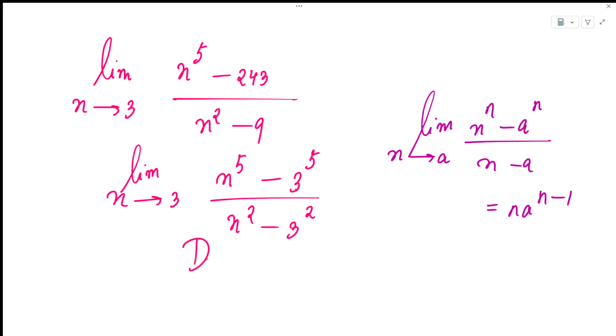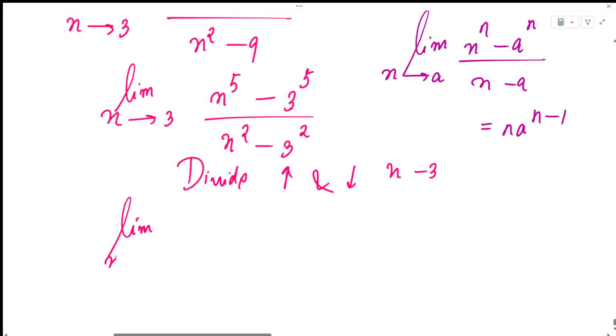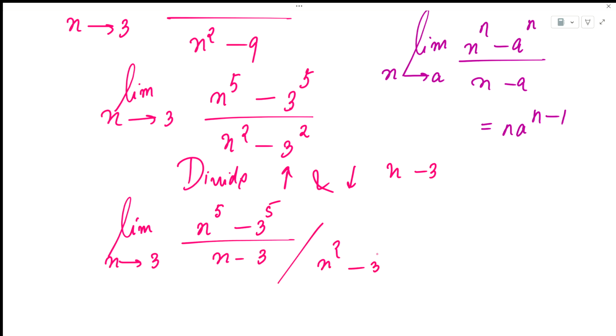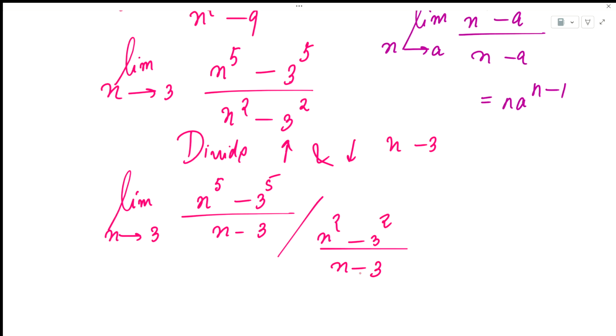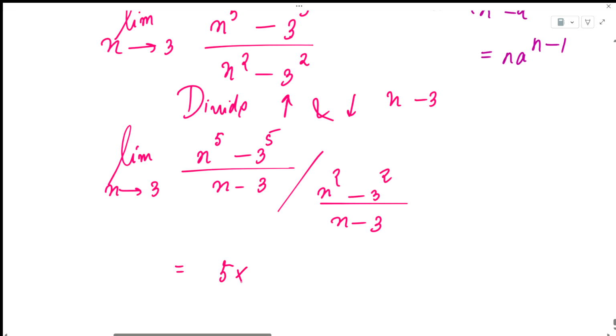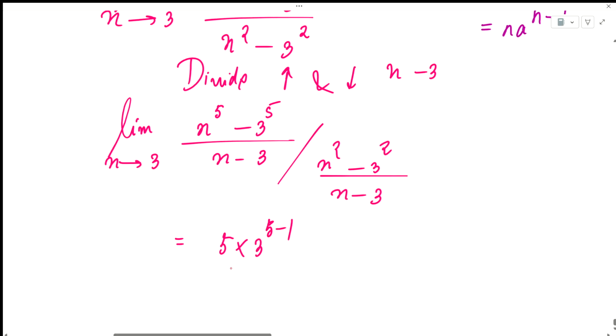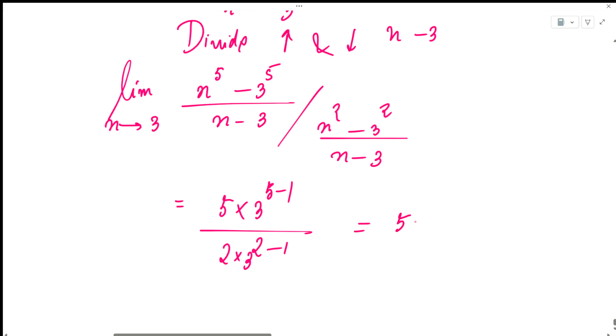So I'm going to divide both top and bottom by x minus 3. We are going to get limit x tends to 3, x to the 5 minus 3 to the 5 upon x minus 3, and on the bottom x square minus 3 square divided by x minus 3. This is going to give me 5 into 3 to the power 5 minus 1, divided by 2 into 3 to the power 2 minus 1. So this becomes 5 into 3 to the power 4 divided by 2 into 3. So this is 5 by 2 into 3 cube.